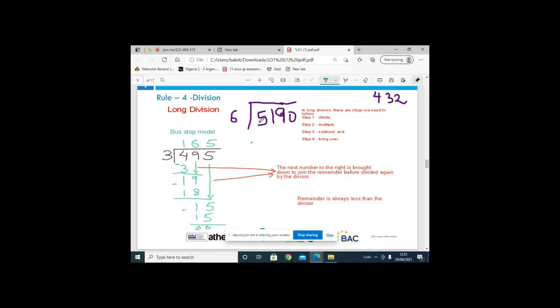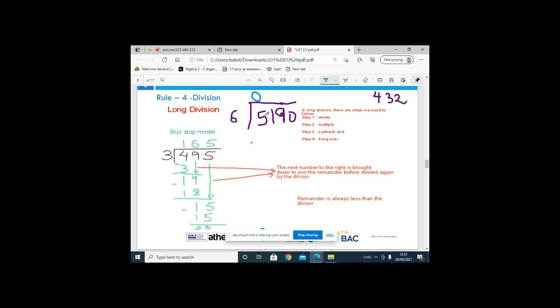So 6. How many 6s can you find inside 5? No, 0. So you say 0 there. So how many 6s can you find inside 51? 6 times 6 is 36.